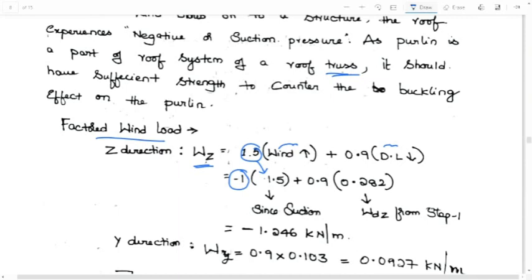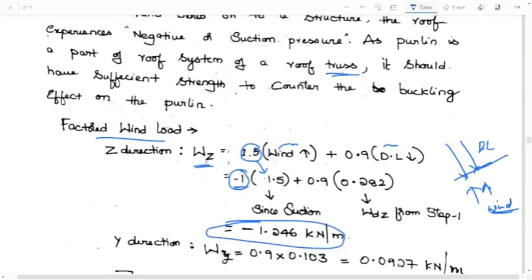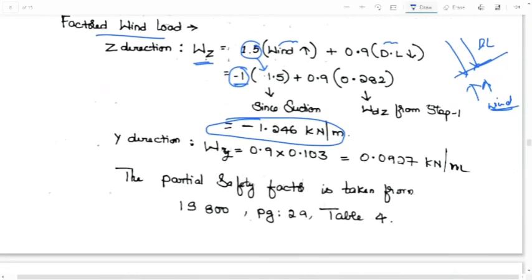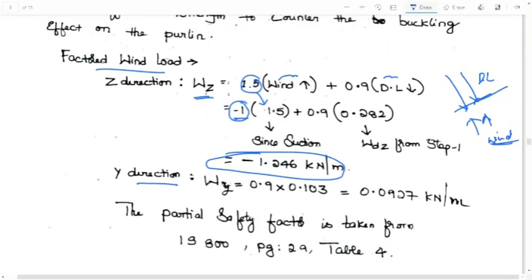Wind load acts upward and dead load acts downward, in the Z direction. This is the roof, and in this direction wind is going to act. So use that sign for suction, and you will get the net load. And in the y direction also, but here while calculating Wy, you consider only the dead load of the structure.